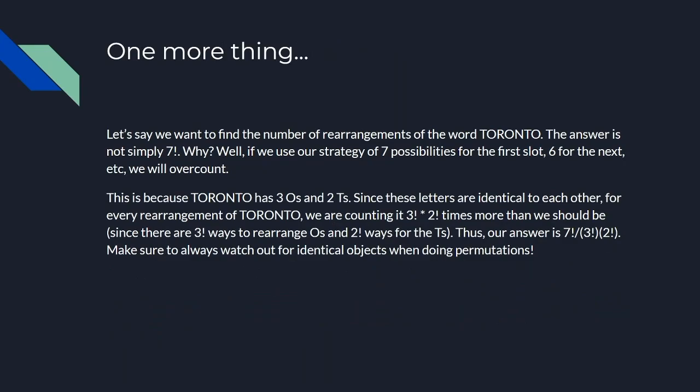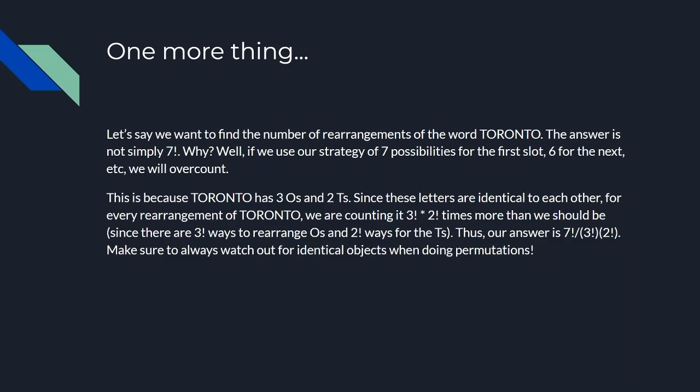One more thing. Let's say we want to find the number of rearrangements of the word Toronto. The answer is not just 7 factorial, because if we used our strategy of 7 possible letters for the first letter, and then 6 for the next one, we're going to overcount. This is because Toronto has 3 O's and 2 T's.